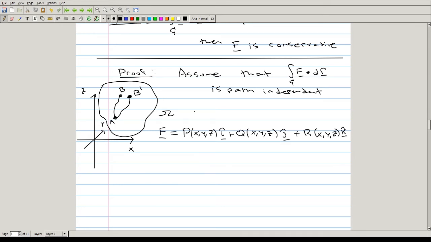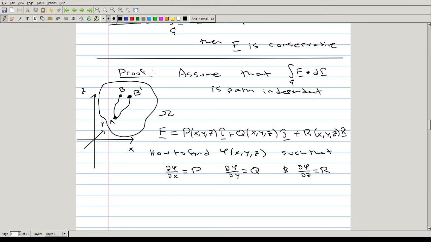And the question is how to find a suitable scalar function phi such that partial phi partial x is equal to the function P, partial phi partial y is equal to the function Q, and partial phi partial z is equal to the function R.